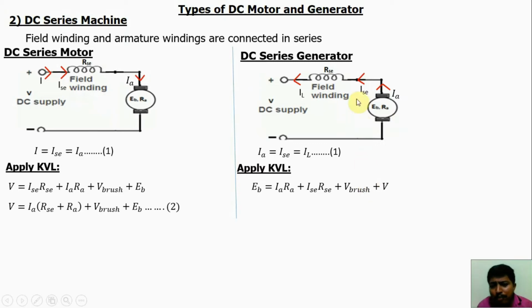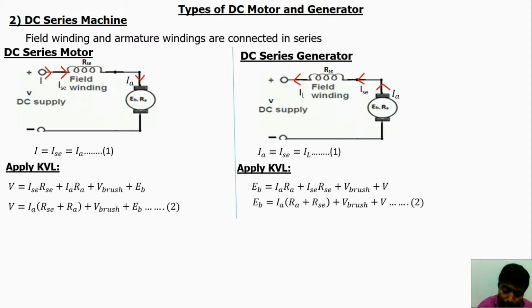The drop by the field winding is ISC RSC plus the load voltage V. Substituting ISC equal to IA, we get EB is equal to IA into RA plus RSC plus Vbrush plus V. In the problem, if Vbrush is not given, the Vbrush value will be very small, it will be negligible. If it is not given, we have to consider the Vbrush value to be 0.